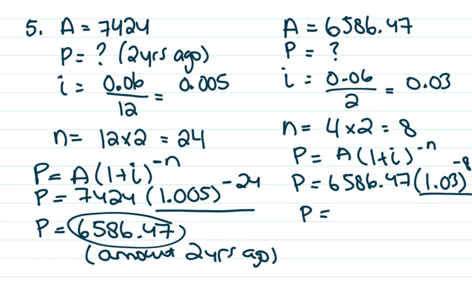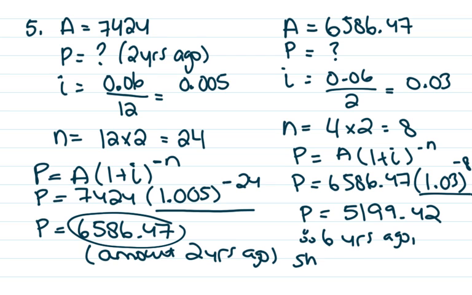Do 1.03 to the power of negative 8, and then multiply that by 6,586.47, and you will get 5,199.42. So therefore, 6 years ago, she deposited $5,199.42.